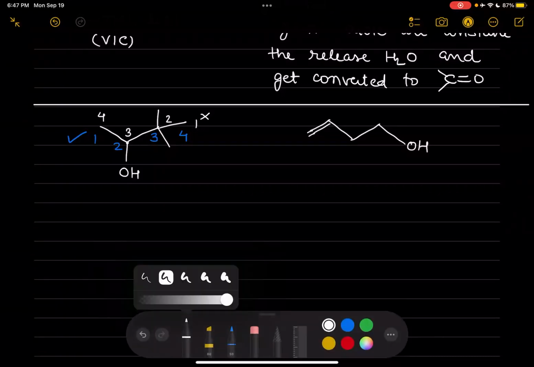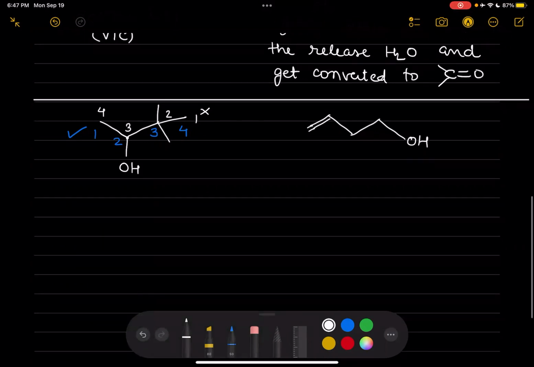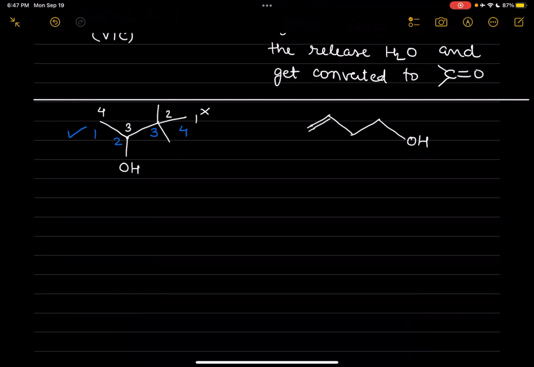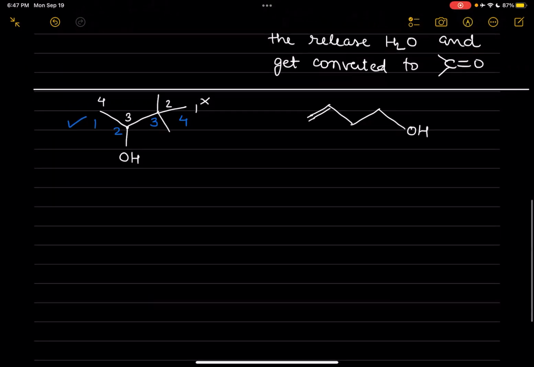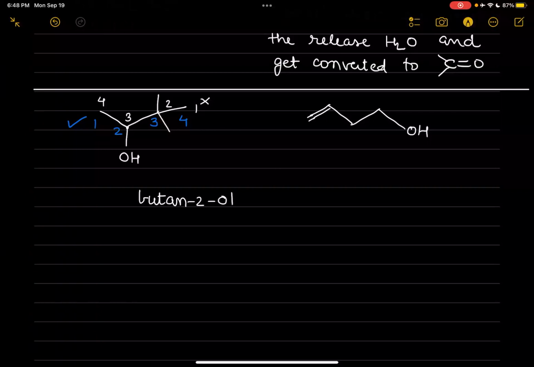So what's going to be the name of this first molecule? Numbering we have done. First of all, we should count the number of carbon atoms in the main chain, and they are 4. So for 4, butane, and on second carbon you have OH, butan-2-ol.